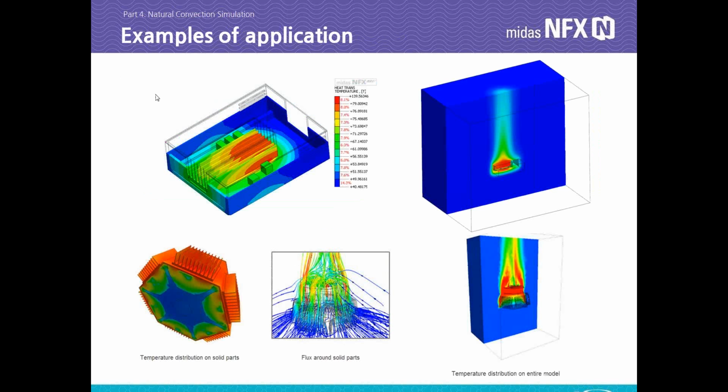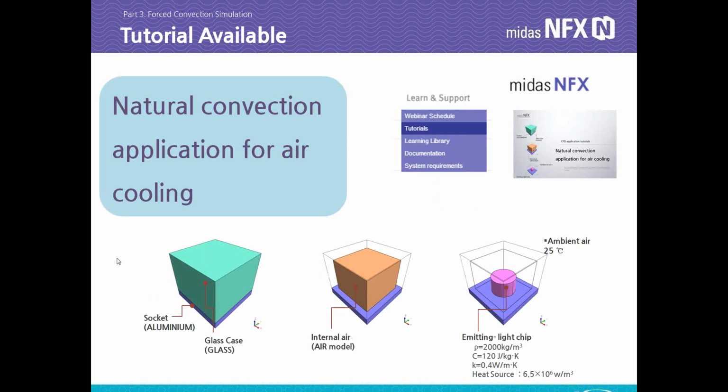You have a few examples of application, and this type of analysis is mainly done also for electronic equipment, like the natural cooling of the PCB board, but it can be done also for the temperature distribution of solid parts around the LED model, for example. So these are two domains of application of this natural convection.